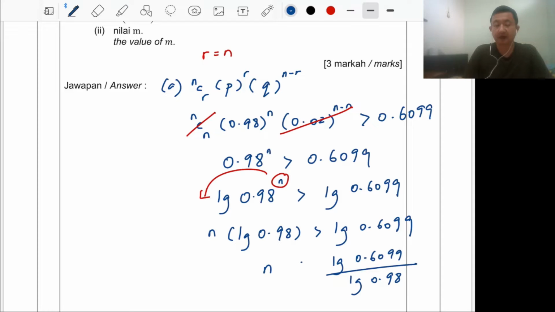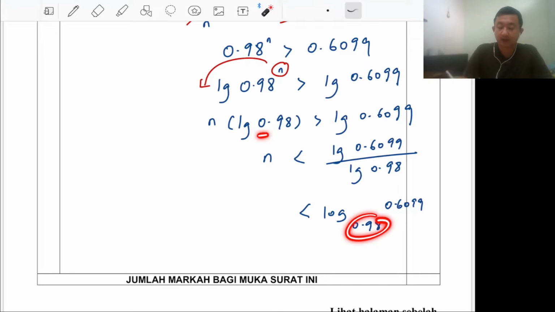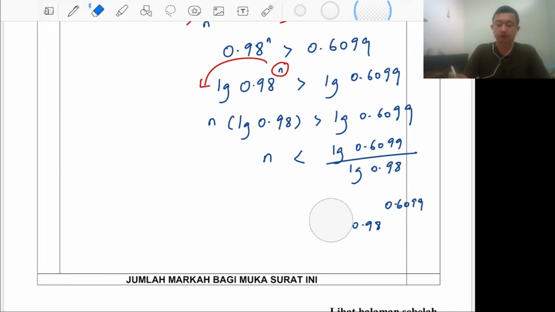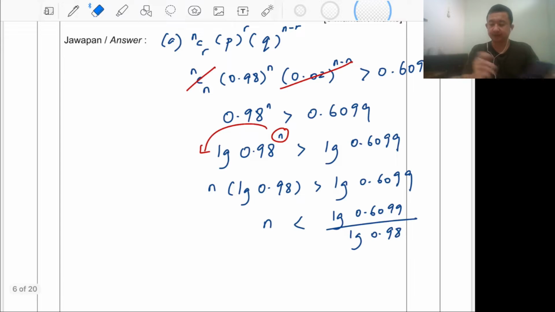You have to flip the sign, right? Become less than. Even if you do log base 0.98 of 0.6099, you also have to know that you have to flip the sign. Because when you bring this as the base, it's a negative value, it will be different. Hence you need to flip the sign.